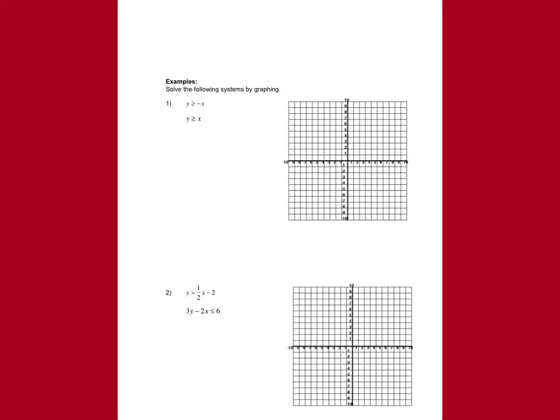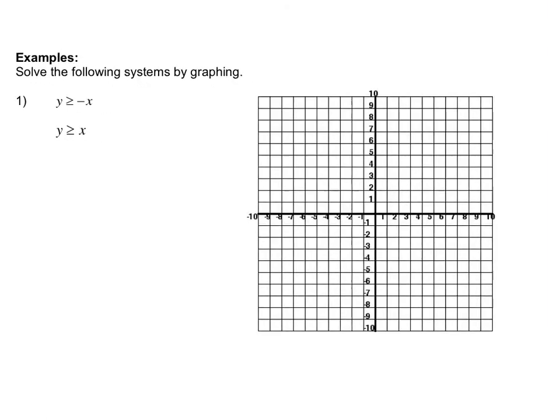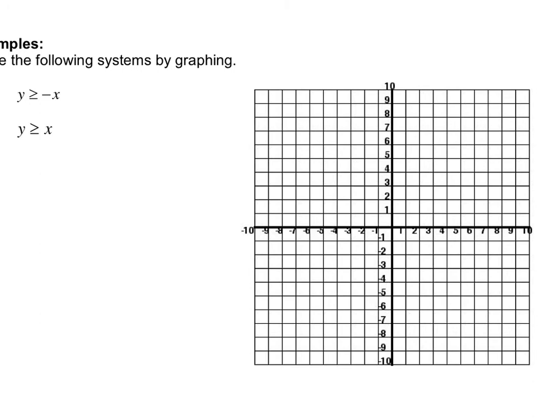All right. So, very first one. Are both of these in y equals, or sorry, y on one side? Yes. So I'm able to go ahead and start graphing. So we'll start with the first line. y is greater than or equal to negative x. What should I do first? How would I graph that?